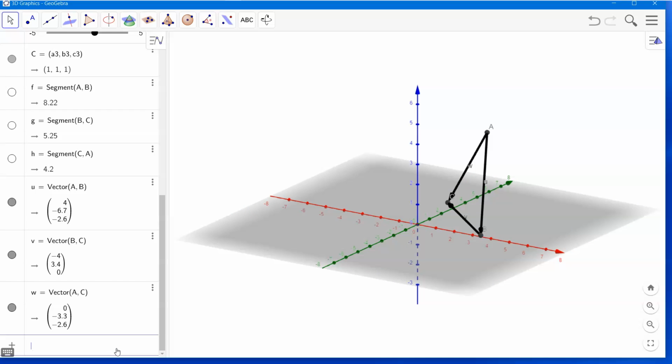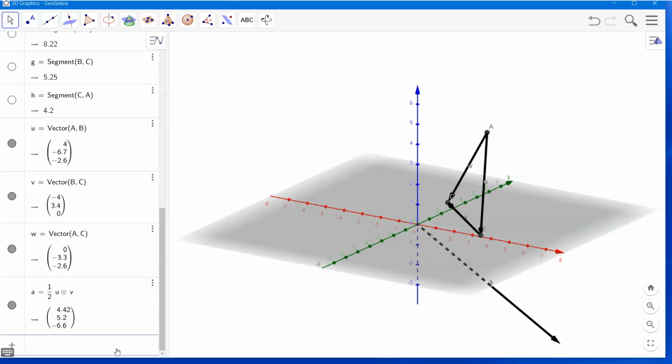Now, to figure out the area of a triangle, what do we do? 1 by 2 times the cross product of any two vectors, right? So any two vectors means we could take u. Now we can't just say u, we have to say cross product of u, v, right?